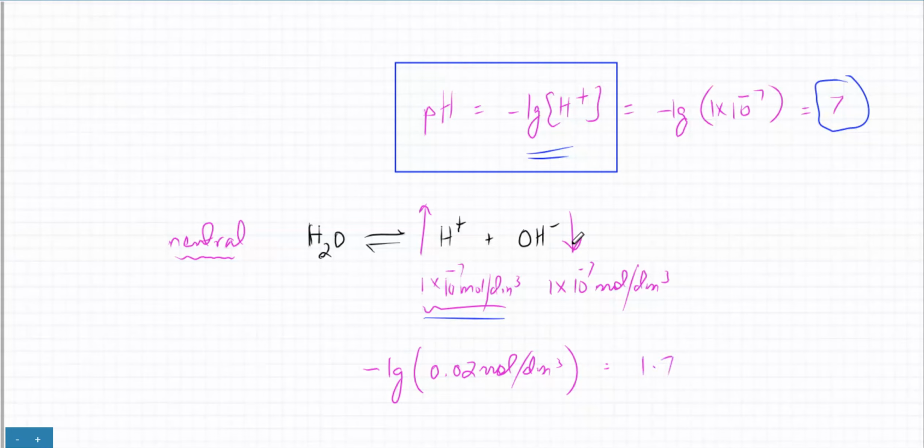So as the H plus concentration keeps on increasing, the pH value keeps on decreasing. Vice versa, if the solution is basic, what would happen in a basic solution? In a basic solution, the OH ions would be a lot more, the H plus ions would be a lot lesser. So let's say it's 1 times 10 to the power minus 13.